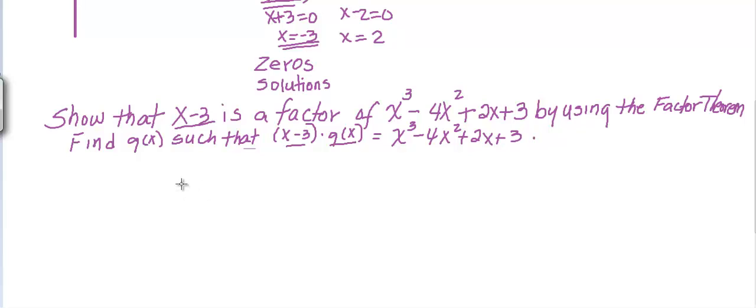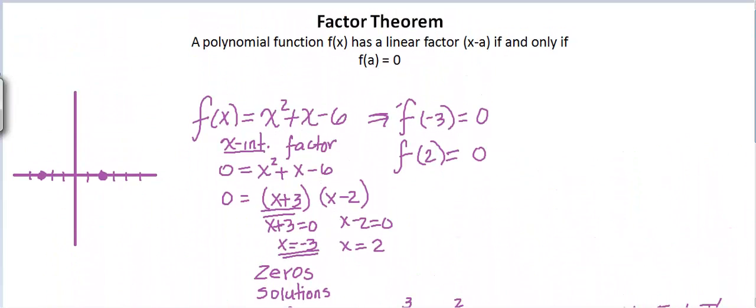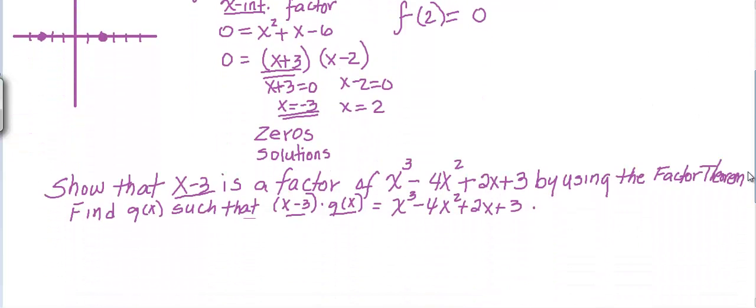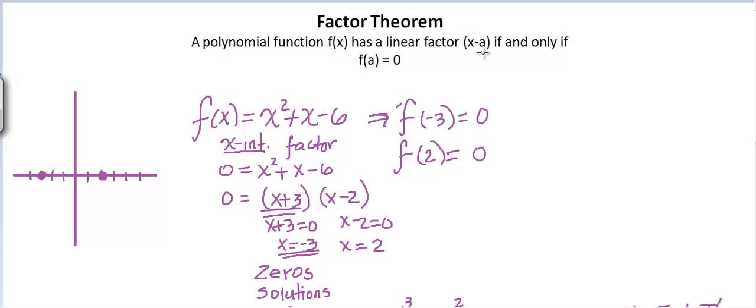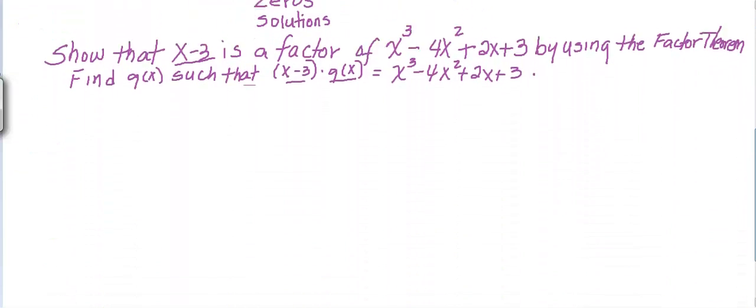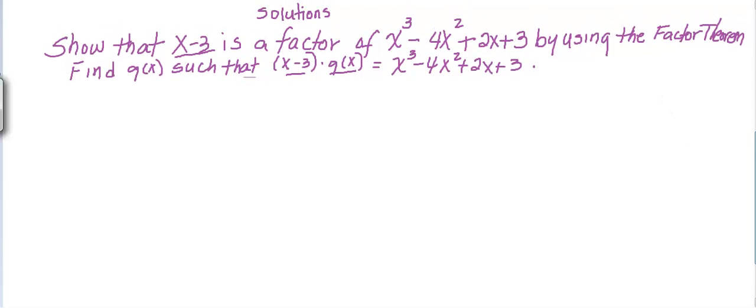So let's see, if I use the theorem, what I need to do is evaluate, well, let's go up here so that you see the theorem again. If the factor is linear, and in this case my factor is linear, x minus 3, then I should get f of a equal to 0. And a is this number here. So in this example, x minus 3 is my linear term.